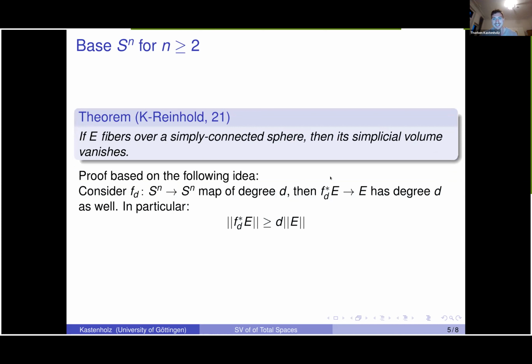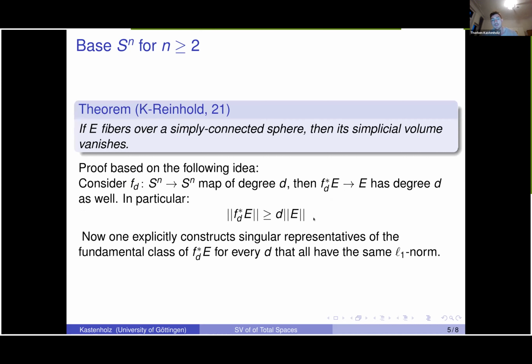And we can pull back the bundle along this map. And the corresponding map from the pulled-back total space to E has degree D as well. And in particular, we get that the simplicial volume of this pulled back bundle is greater or equal than D times the simplicial volume of E.